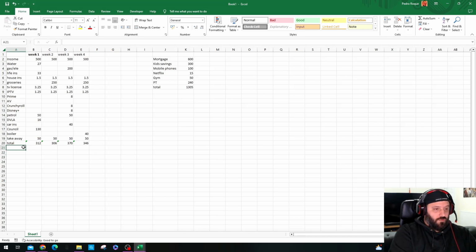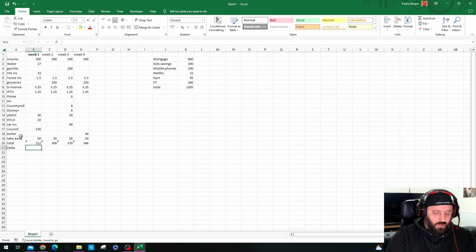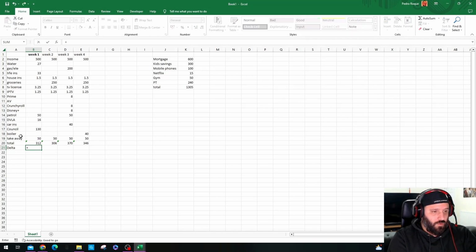Then what you want to do is put the delta here. Then you can, if you want, change the colors, you can do grids, whatever you want to do. Mine is all worked out, and I got totals and I got targets, because what you want to do is set a target for yourself. So here, you want to put equal to your total income minus your total expenses, right?